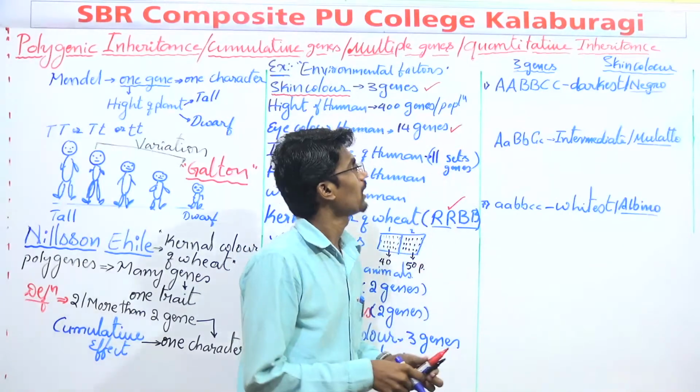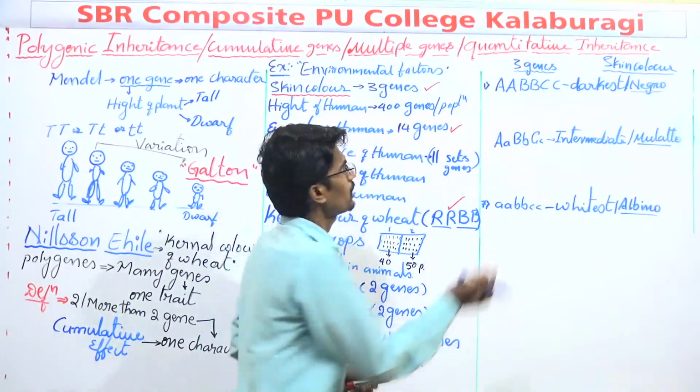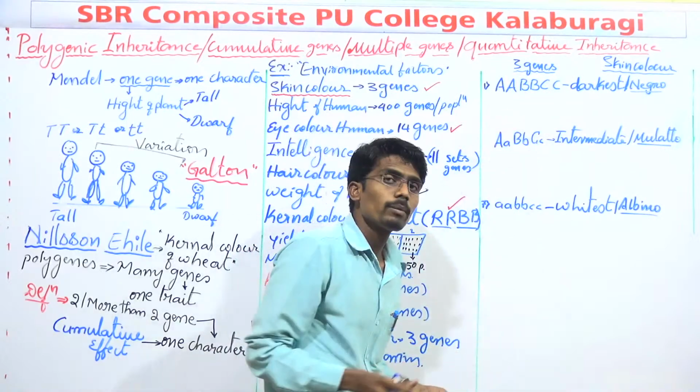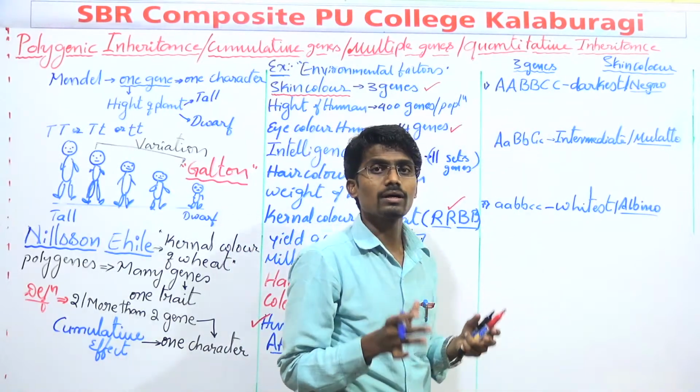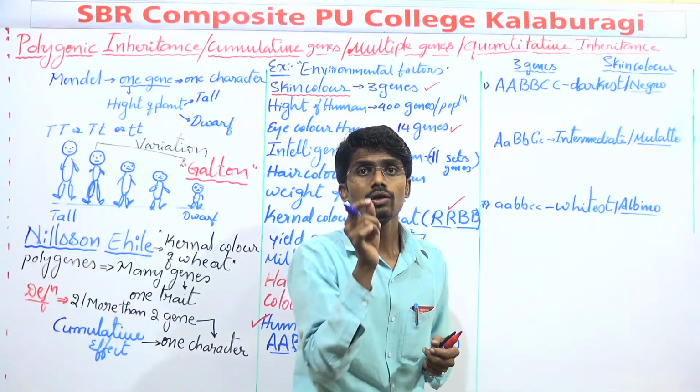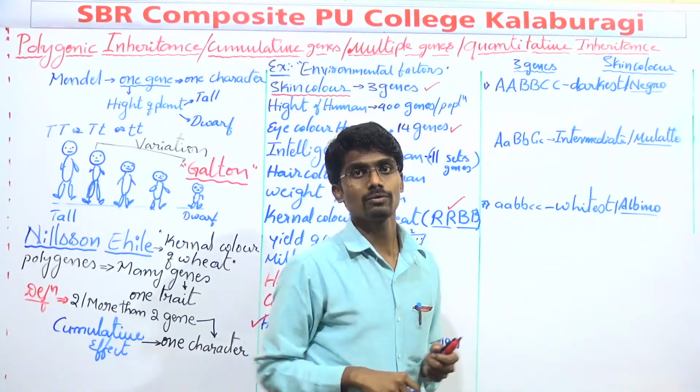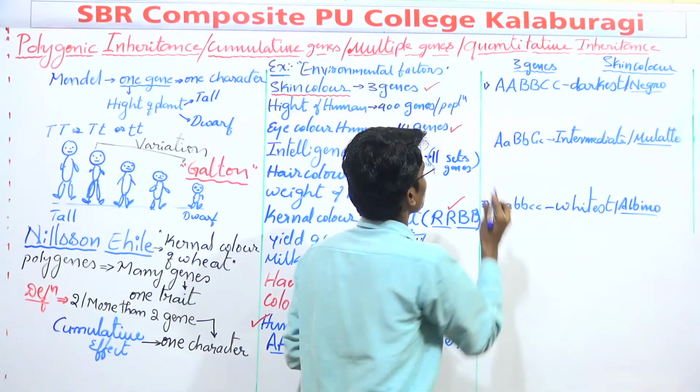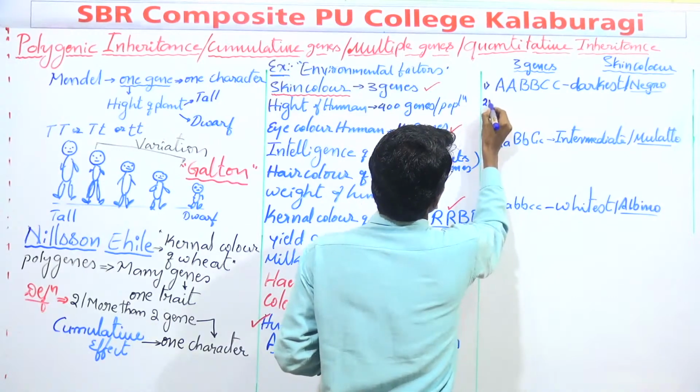And this is another case. Out of these 6 dominant alleles, if one allele becomes recessive, what is the skin color? That is the second case.